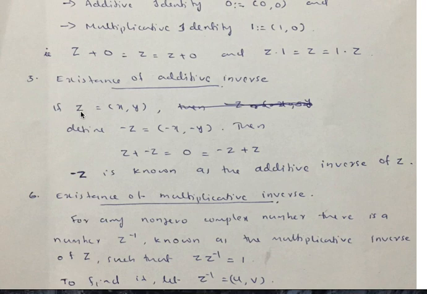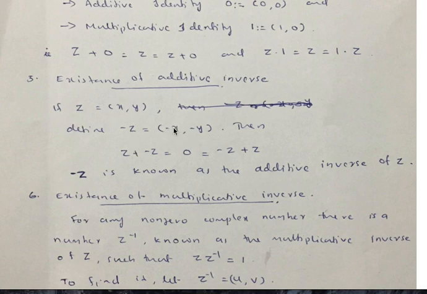Additive inverse means if you represent the additive inverse of z by minus z, then what you need is the sum of z and minus z to be 0. Obviously, by the definition of complex addition, you will have to take minus z to be (minus x, minus y).